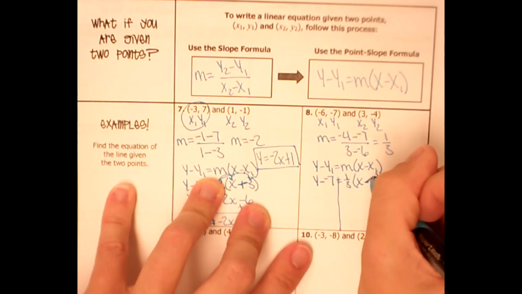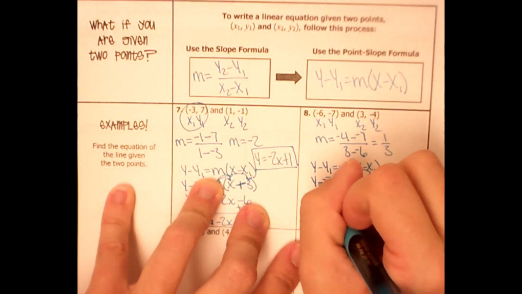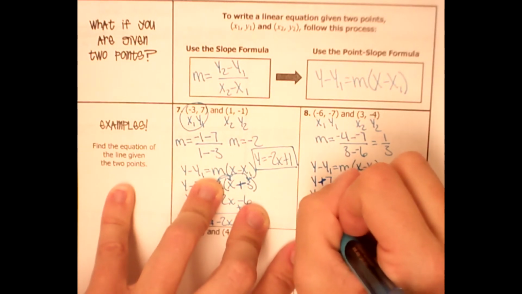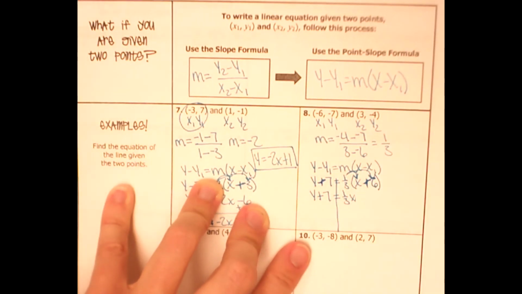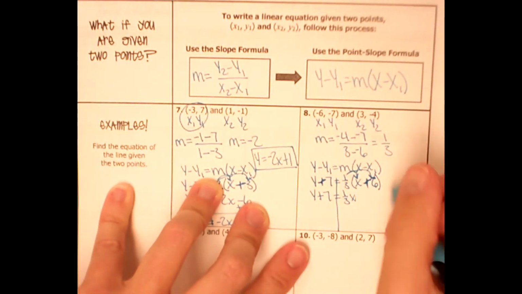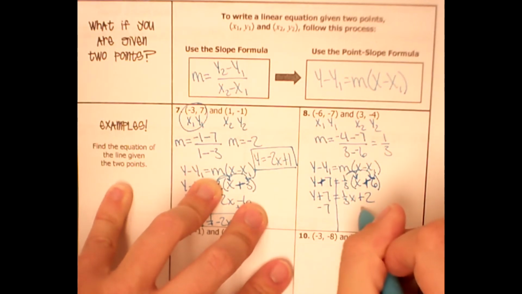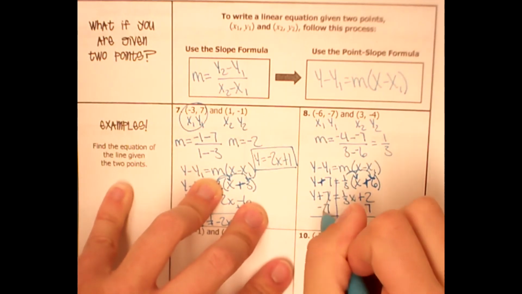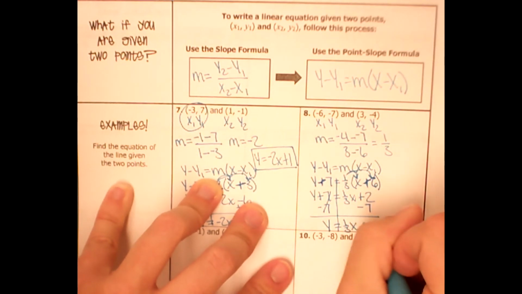Minus a negative turns into a plus. Distribute the 1/3. Minus a negative 7 is a plus, so we have y plus 7 is equal to 1/3 x. 1/3 times 6 is plus 2. Then I'm going to subtract 7 from both sides. Y is equal to 1/3 x minus 5.